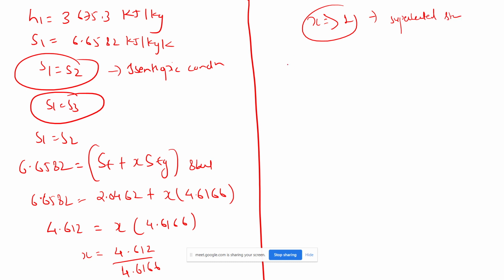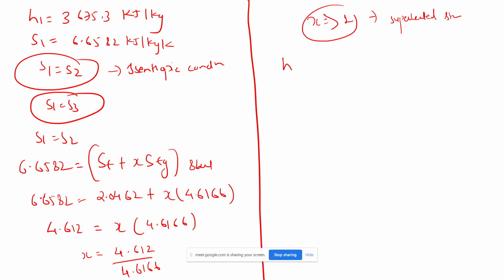Okay, so what is the enthalpy for superheated vapor? Cp is given in the question. No, sir, it is dry steam, not greater than 1. It is 0.99. x equal to 1, sir. 0.99.